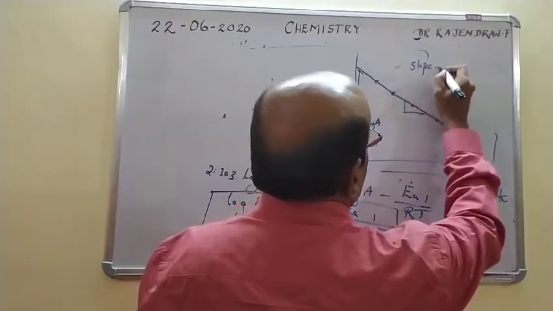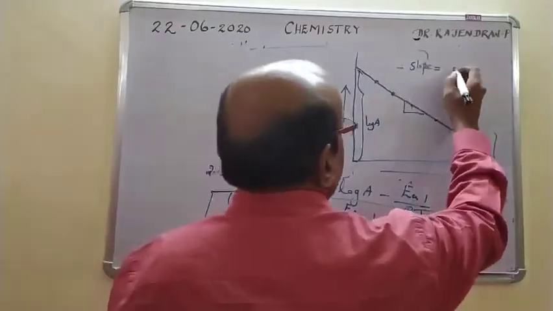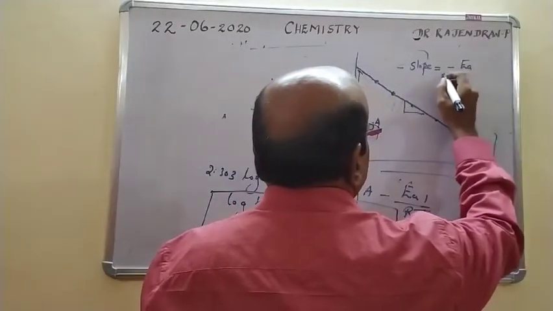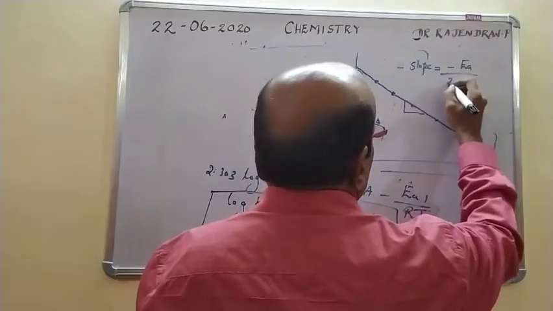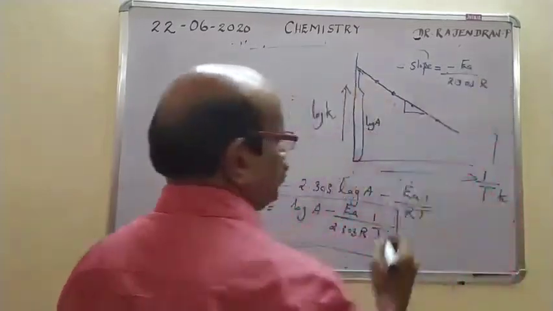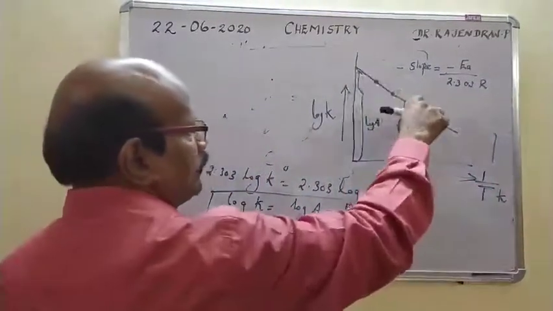The slope is equal to minus EA by 2.303 R.